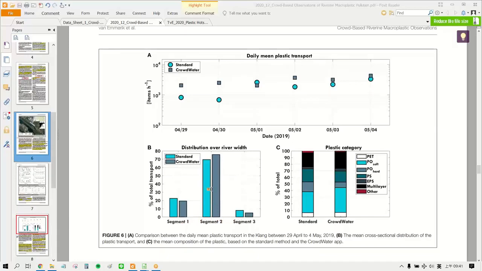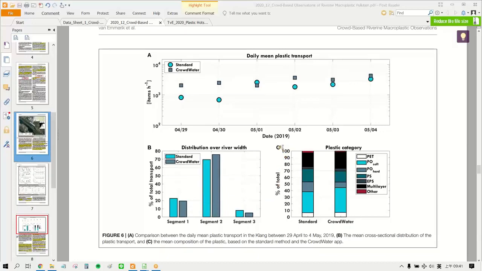So you can see at the middle of this river, the contribution of this segment will be the highest. It means most plastic transport in this segment 2. It's in the middle of the river, and in both methods they find very similar trends. And in segment 3 will be the lowest, but you can see it's quite similar.